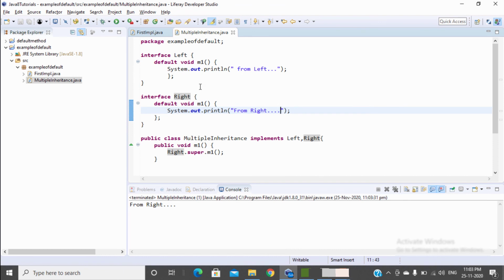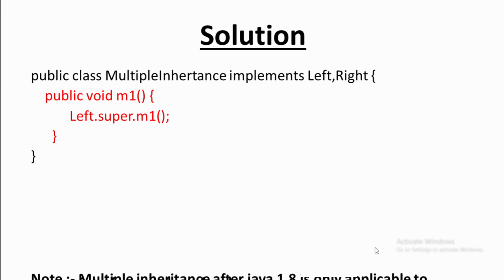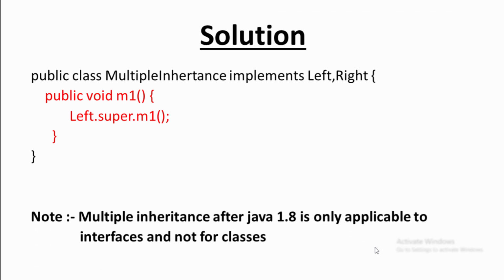So this way we can use the default methods in all our scenarios. This is the end-to-end solution for the diamond problem, and for our default methods, which is provided in JDK 1.8.